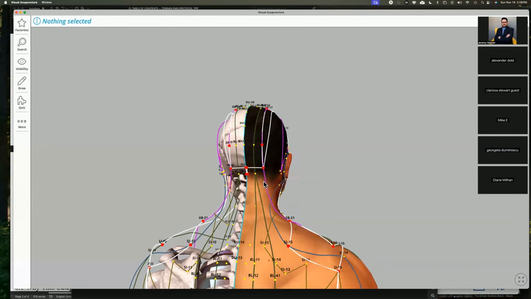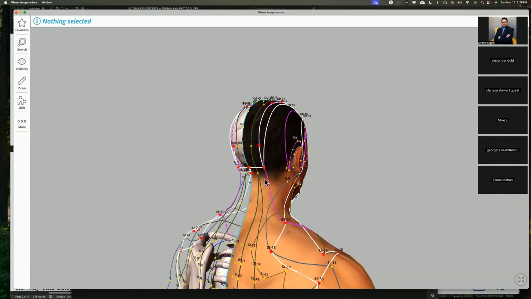What do you do? Do you needle right here? No. You can, but for the better result, remember we said the fascia is unidirectional. The channels are unidirectional. The numbering system lays out the direction of the energy flow.